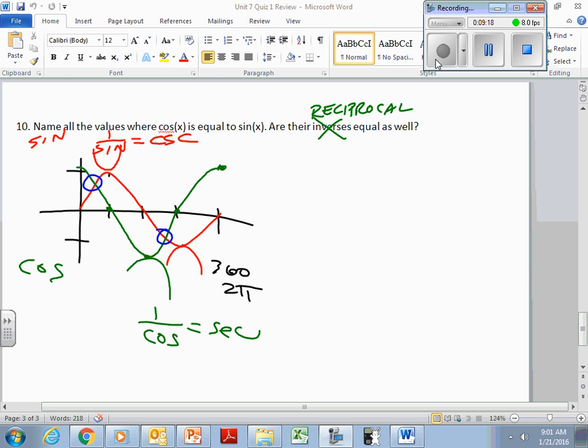This is my guess. The sine and cosine are equal in at least 2 places, and you need to name them. They don't meet at 90, or pi over 2. They're meeting halfway. And what's halfway? Halfway is going to be the 45.